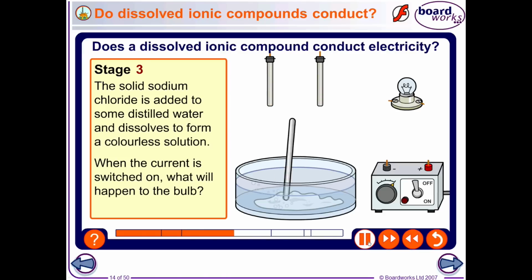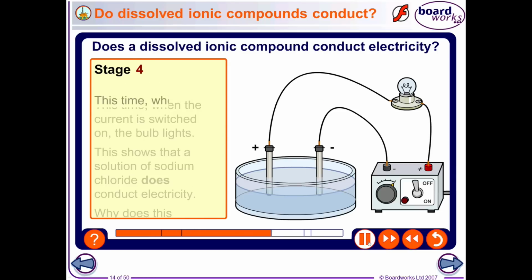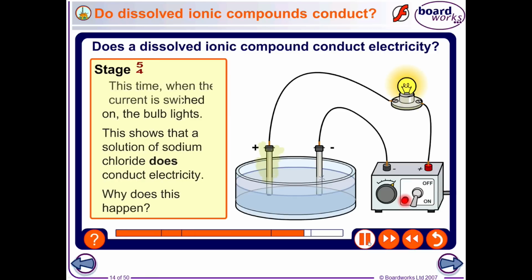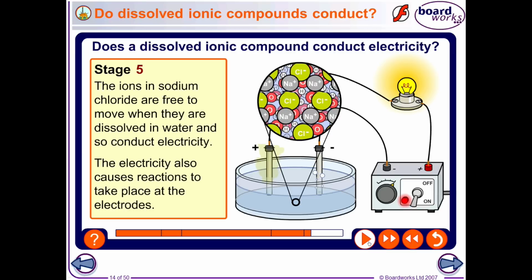Now most ionic substances dissolve quite well in water, and when we do that, what we allow is the ions to move. And again, this time the electricity will be allowed to flow because the ions are free to move because they're dissolved. And as you can see, they're moving quite readily in the water, and that's allowing the conductivity and that's allowing the bulb to light up.